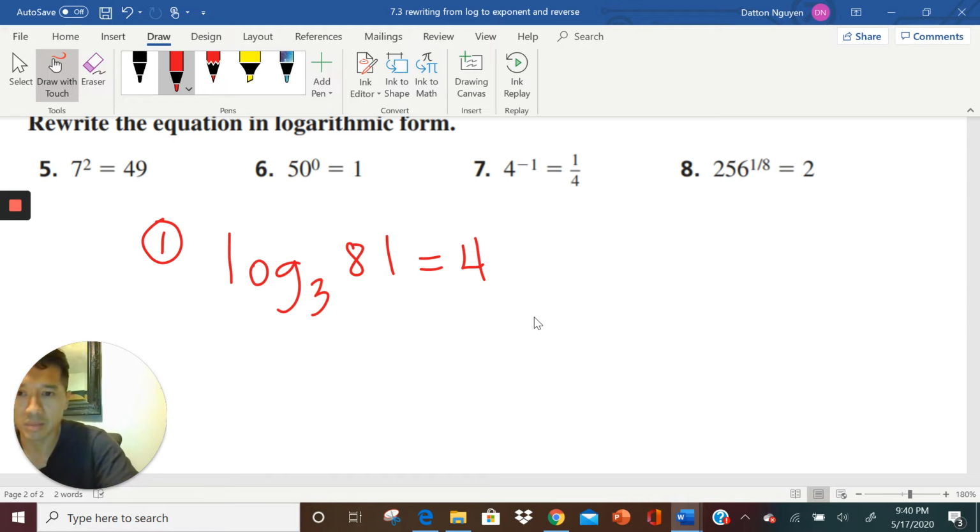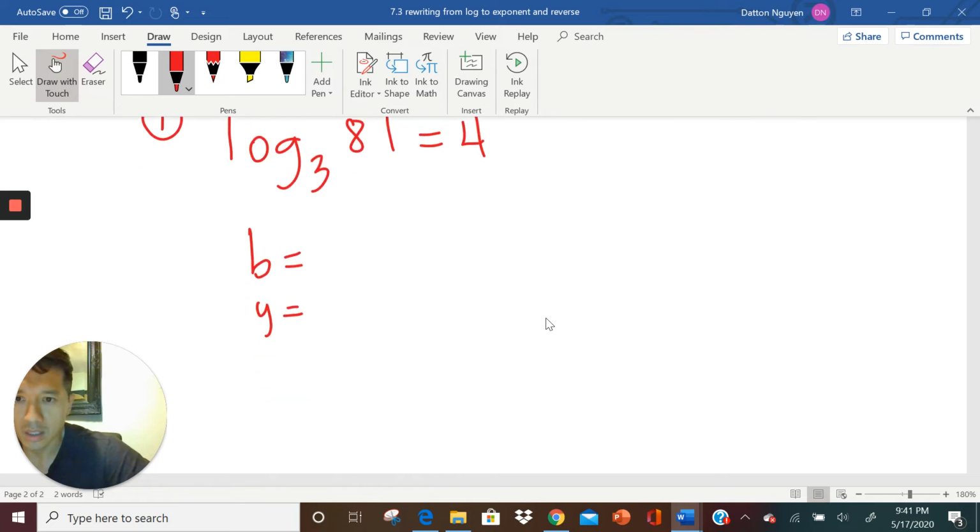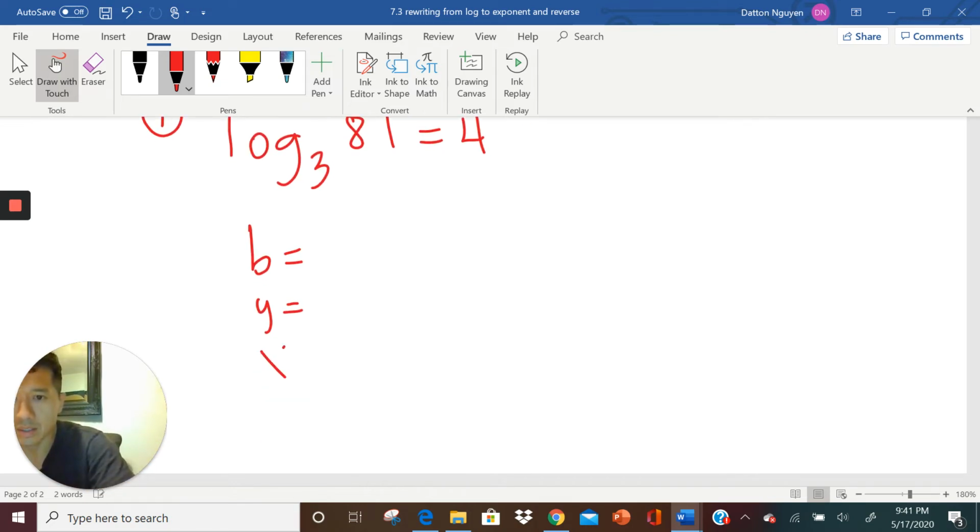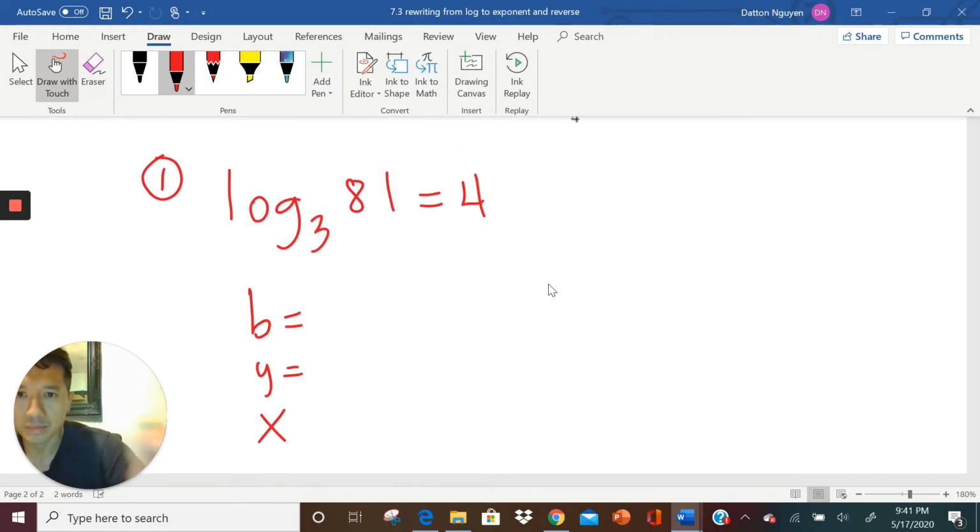So what is my base number? Write this down: b, y, and x.